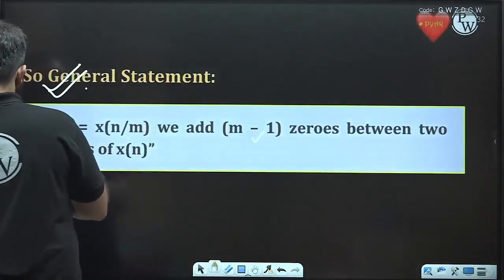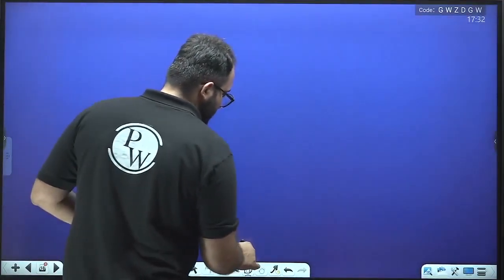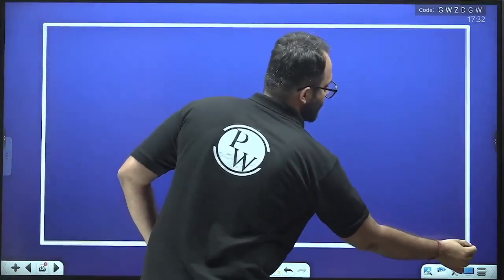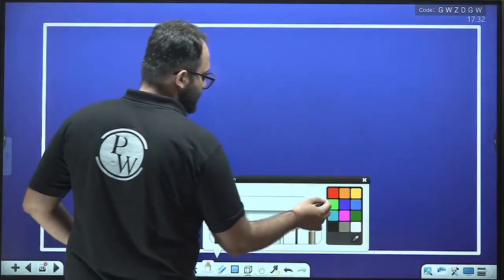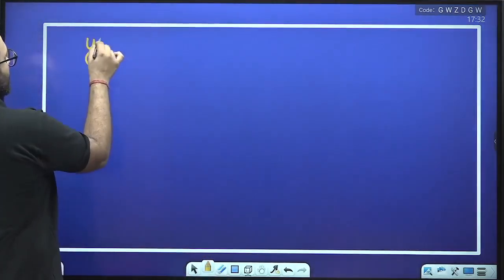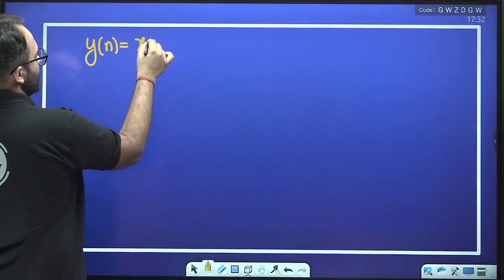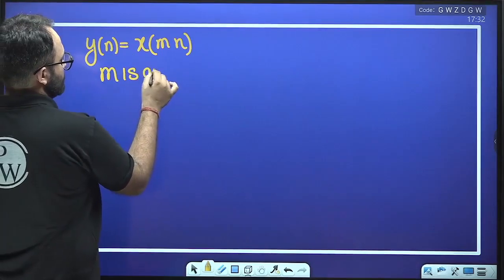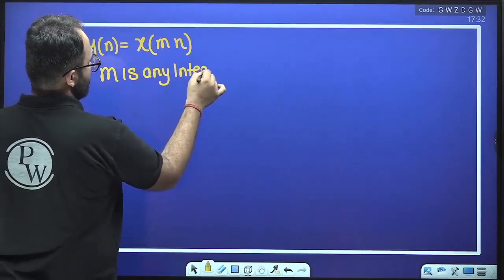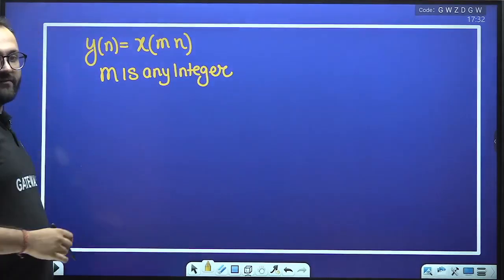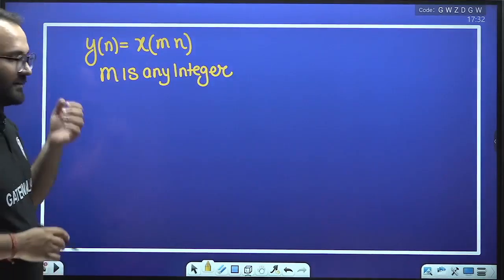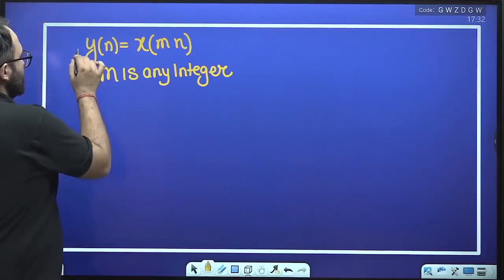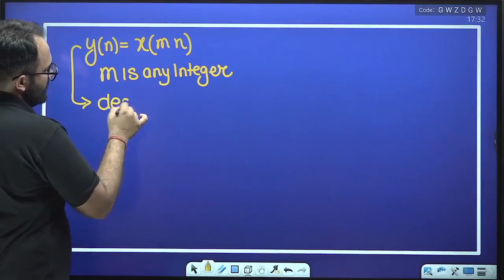So the conclusion is this. Conclusion: yn is equal to x of mn, where m is any integer constant. When m is any constant, this process is called decimation.